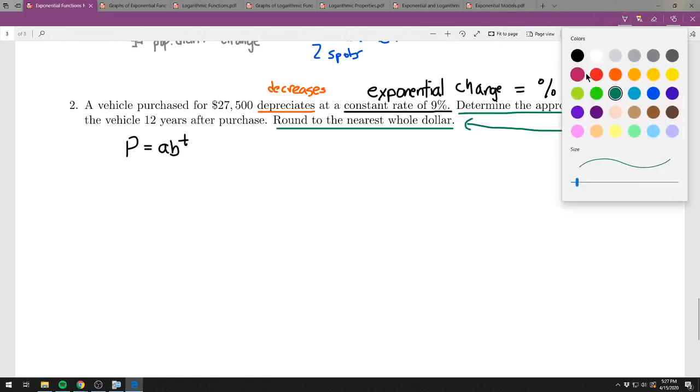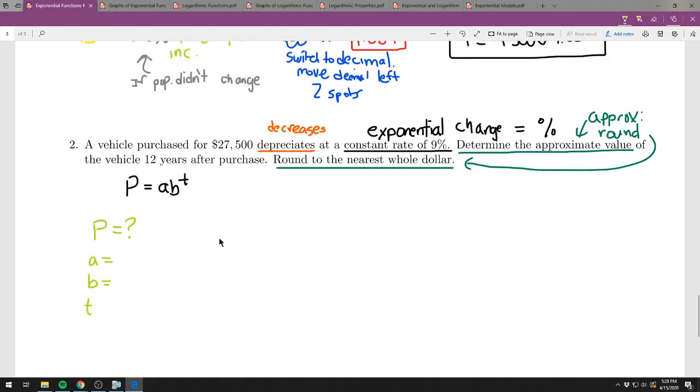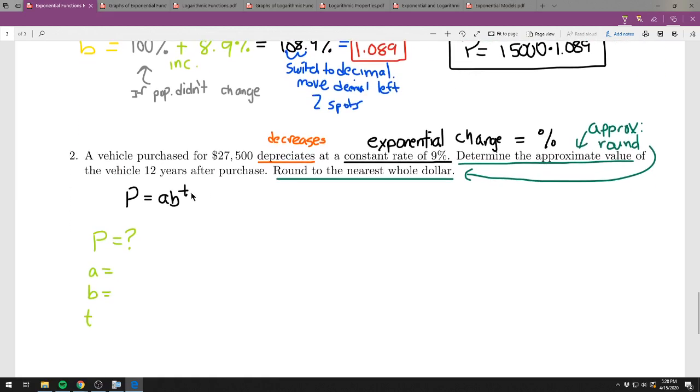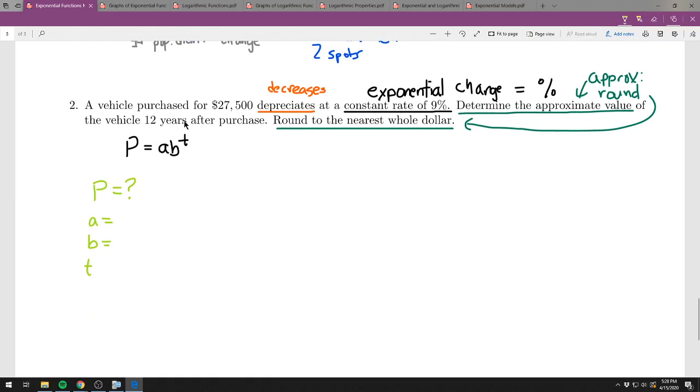All right, so the main thing we want to do here is take all these numbers that we were given and know how to plug one in. We're trying to figure out P, how much it's worth. And in our problem, we have to be able to figure out what to plug in for A, B, and T. Right, this one's not asking for the function, it's asking for the actual number that we're going to get.